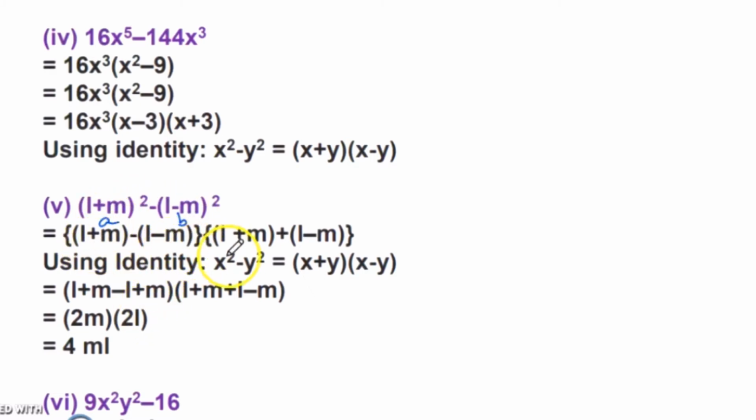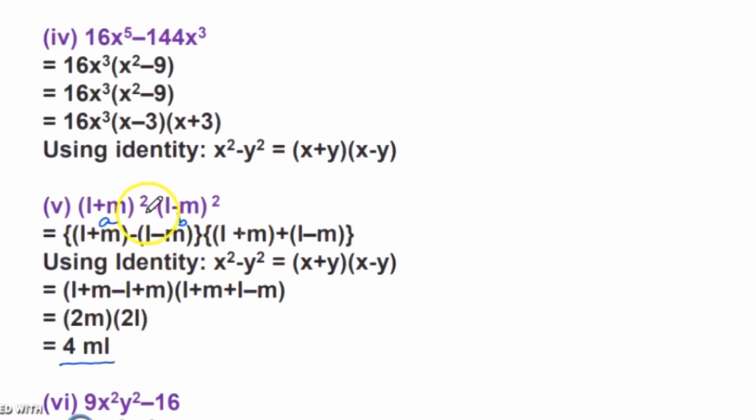So a minus b into a plus b, L plus m minus of L minus m and L plus m plus L minus m. Now when you open this bracket minus of, then this minus L and minus L plus L will get cancelled and m plus m will get added. So 2m. Same way here, minus m and minus m will get cancelled and L will get added to 2L. So this will be the answer. So this is one way of doing it.